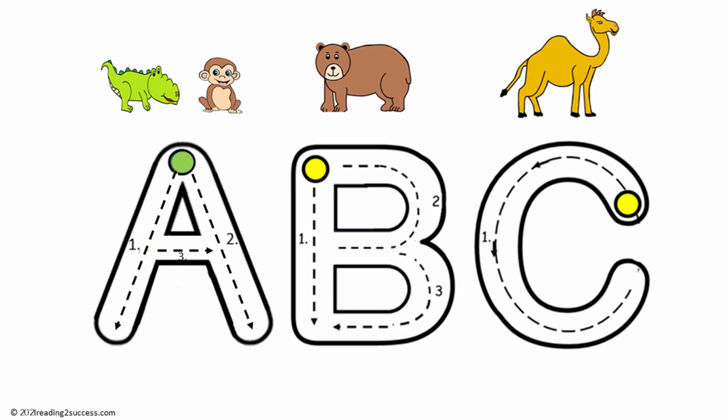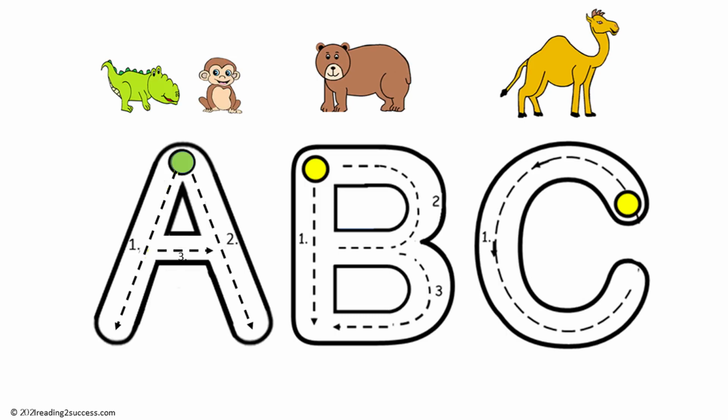A has a green dot because it is a vowel, and it has 2 sounds: A, as heard in the beginning of alligator, and A, as heard in the beginning of ape. B is a consonant. It makes the B sound as you hear in bear, and C is a consonant and makes a K sound as heard at the beginning of camel.